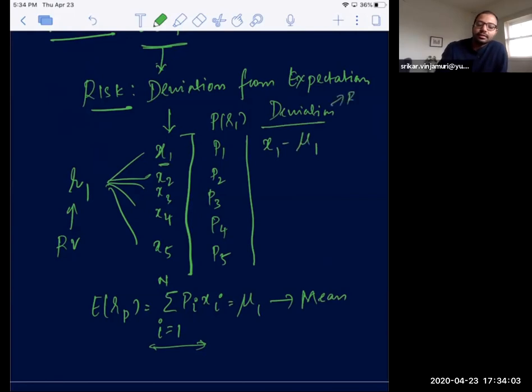In a certain sense, a deviation is the pure measurement of risk. So if I get X2, this is how far I am from expectation. If I receive X3, this is how far I am from the expectation. X4, this is how far I am from the expectation. X5, this is how much I have a deviation.